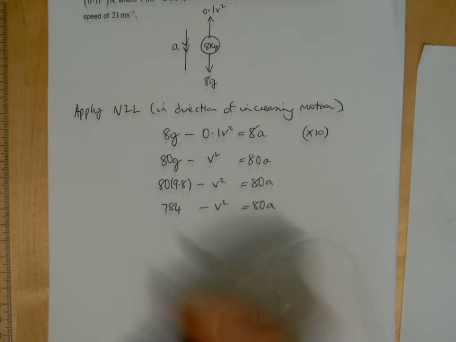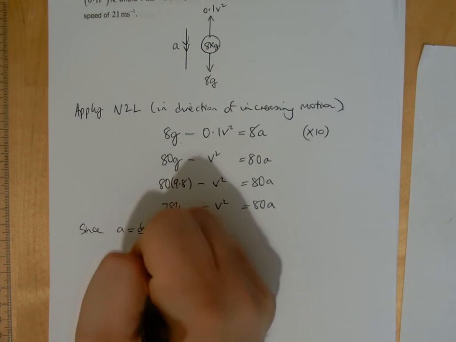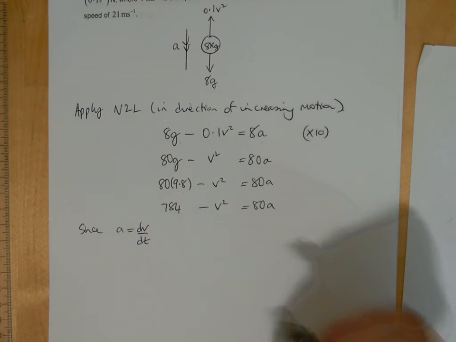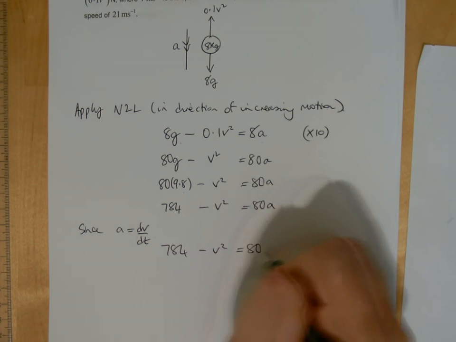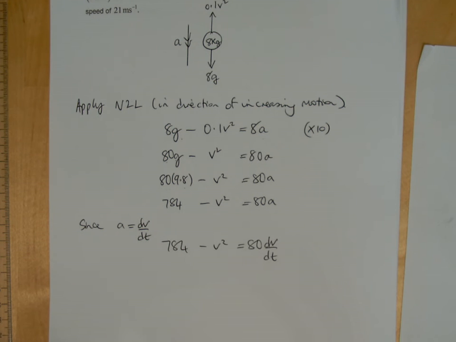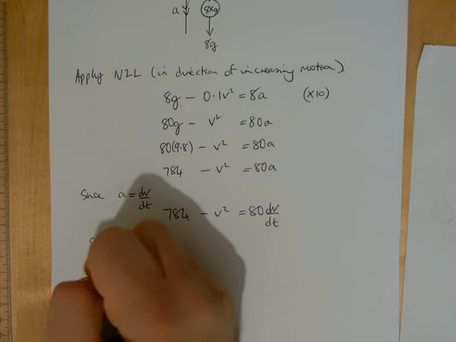So then I'm going to apply my expression for acceleration, which is dv/dt. And I get that there. So I'm going to solve now my differential equation by separating the variables.